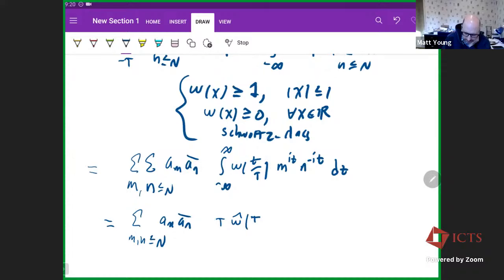So it's e to the negative it log m over n, and I have to divide by 2 pi, so t is going to go to 2 pi.